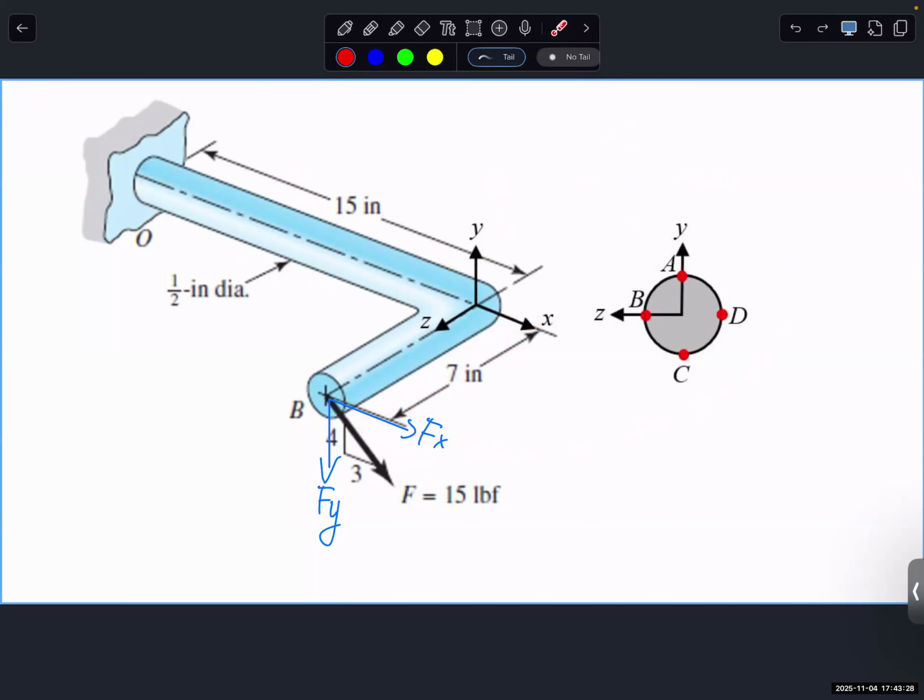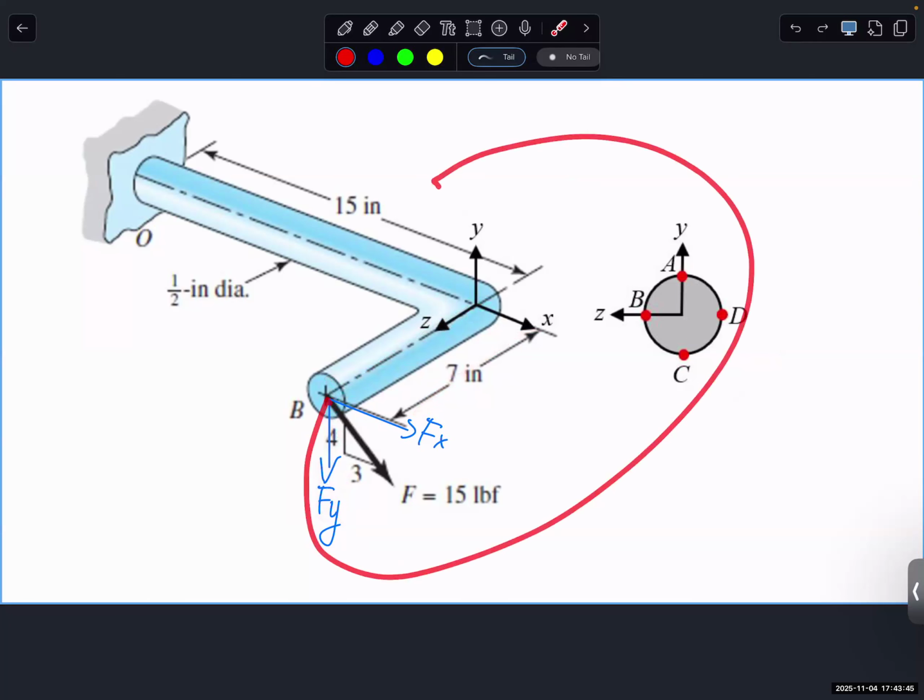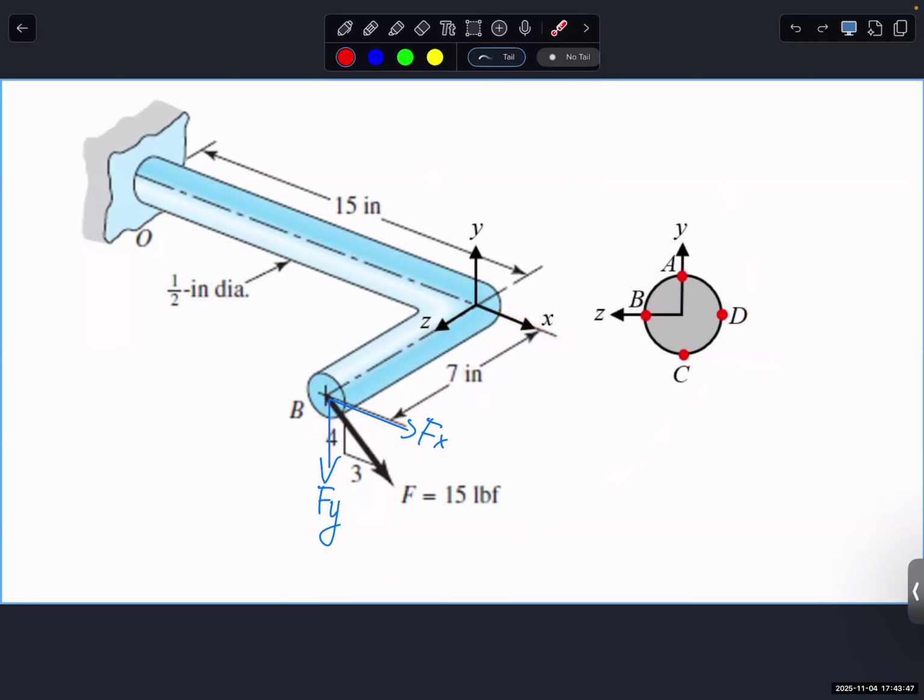Similarly, the y component will generate a torque. If you imagine the force in this way and this is the distance, the force times this distance becomes a torque that can rotate about the x-axis. You can calculate TR over J to get the shear stress here.